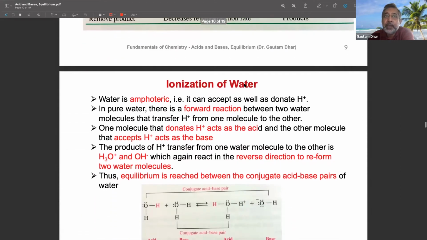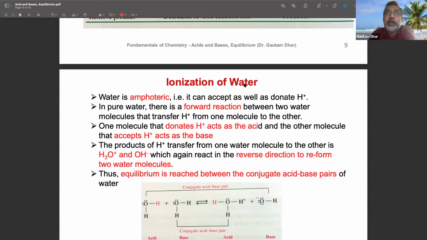Now, we know water is amphoteric. That means it can behave both as an acid and a base. So if you think of pure water, one molecule can act as an acid and another molecule can act as a base. And that is exactly what you see.